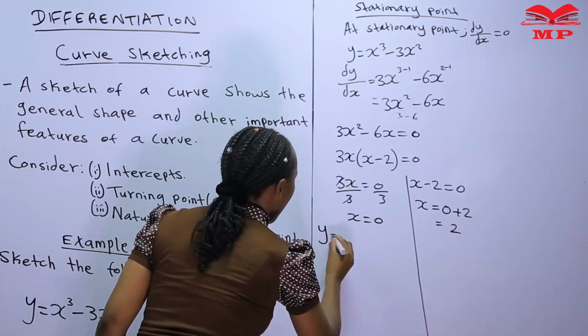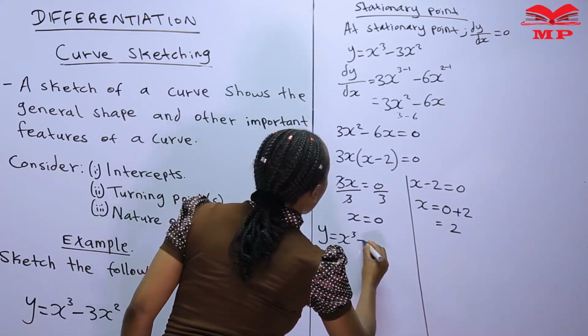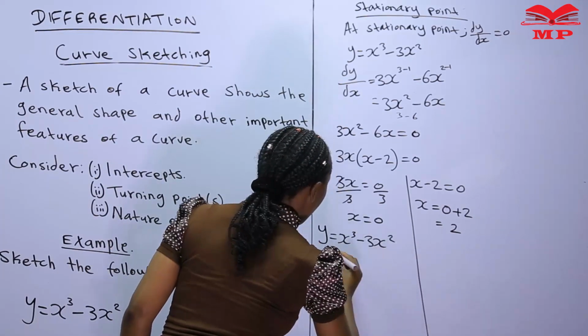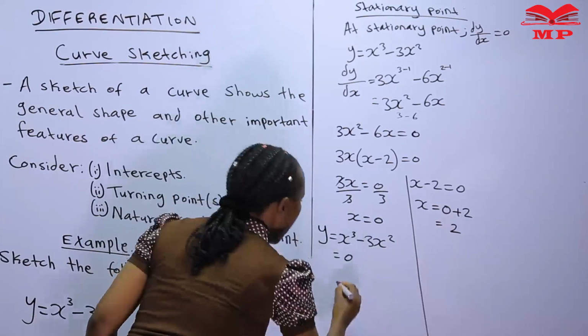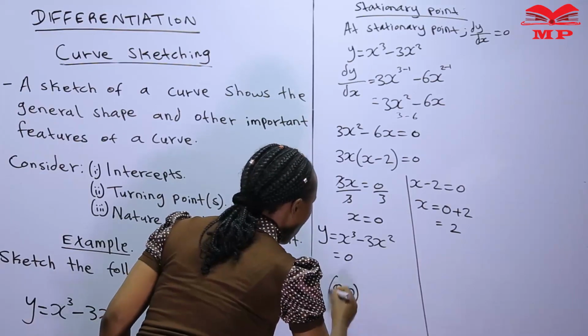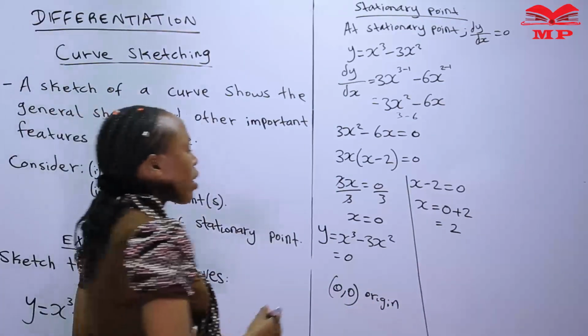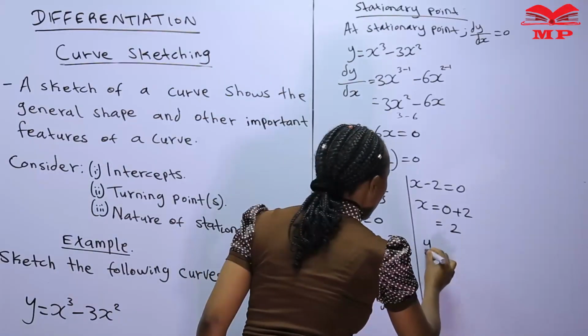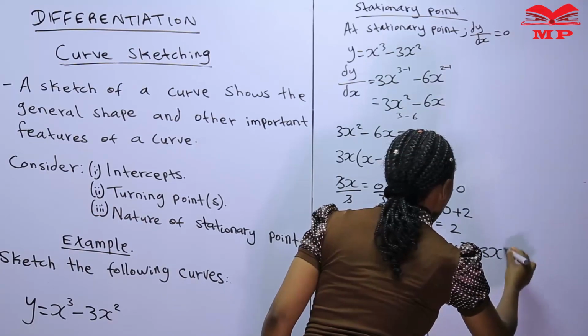So our y is equal to, the equation is x cubed minus 3x squared. So when x is 0, all this will be 0, and therefore we'll have the point as 0, 0, which is the origin. Then when x is 2, we have the equation y is equal to x cubed minus 3x squared.